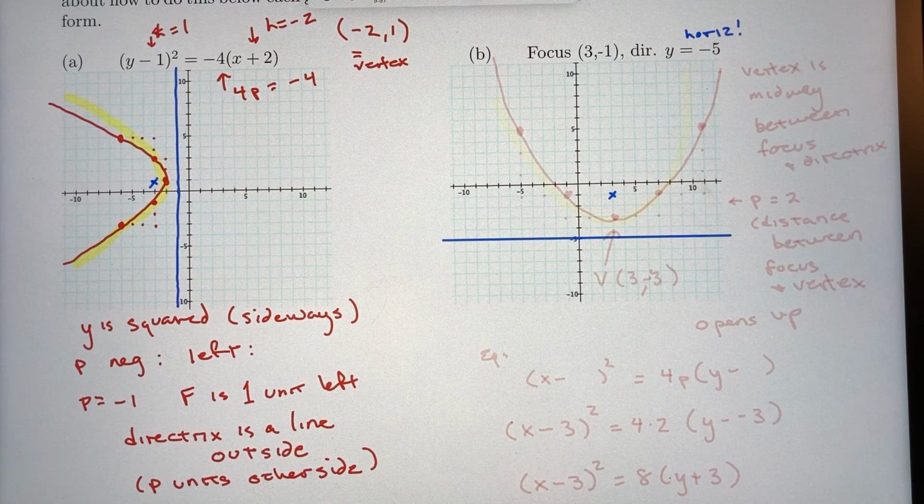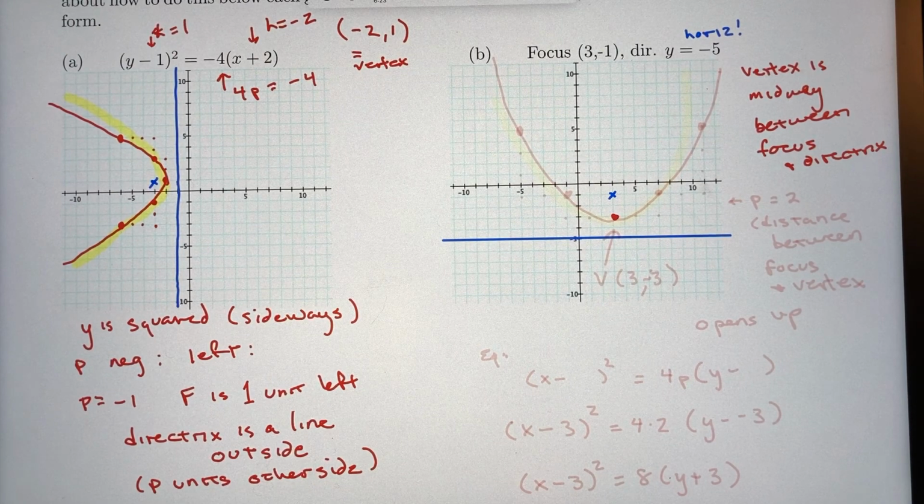And then the vertex is halfway in between. So I'm going to plot that vertex.